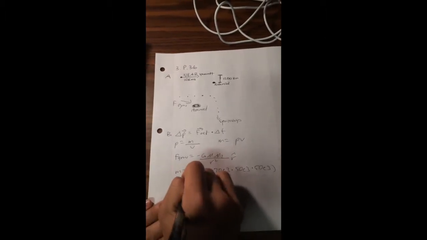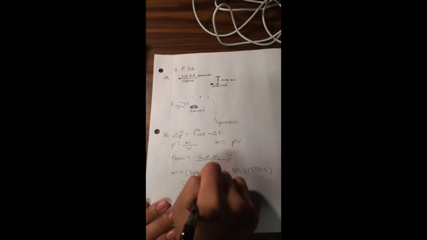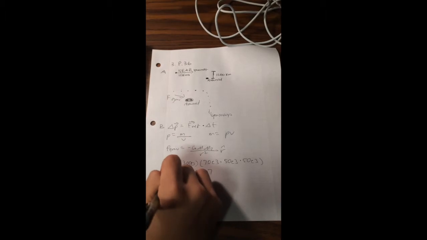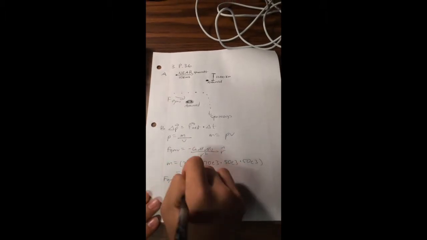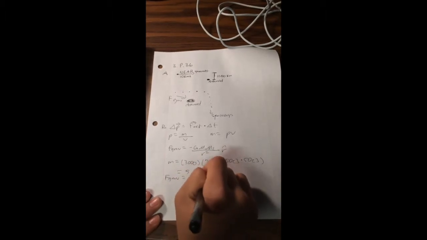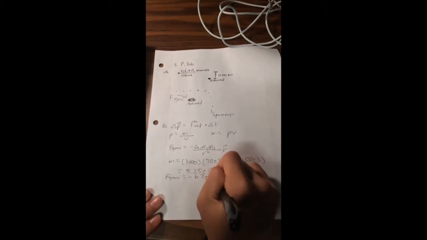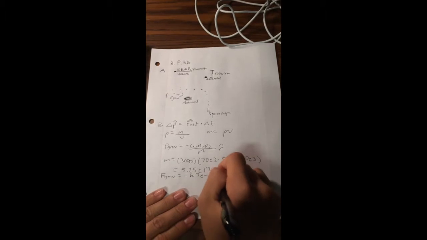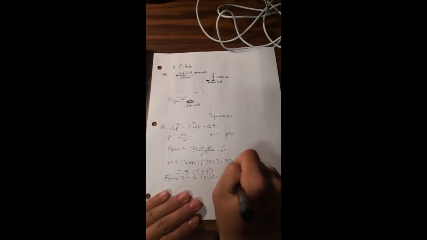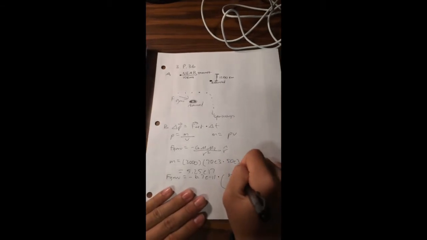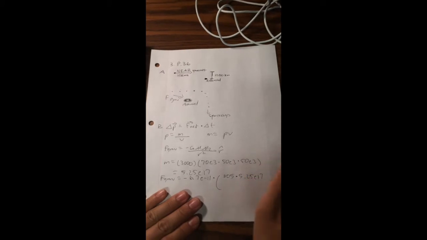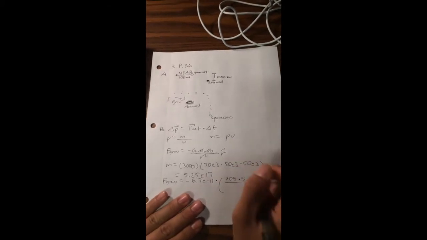This equates to 5.25E17. So the force of gravity is equal to negative G, which is 6.7E-11, times the mass of the spacecraft, 805 kilograms, times the mass of the asteroid, 5.25E17, all divided by r squared.